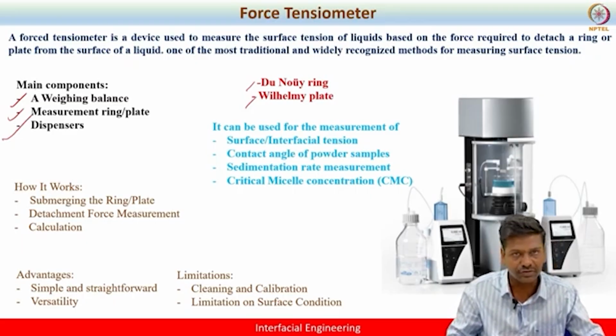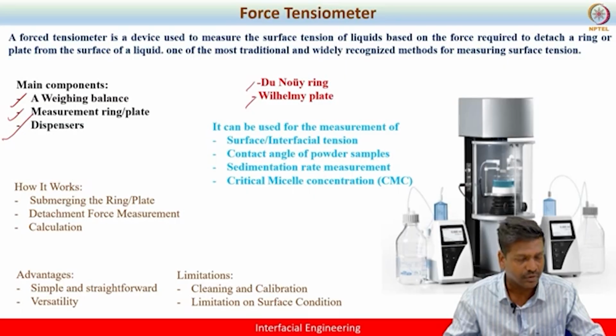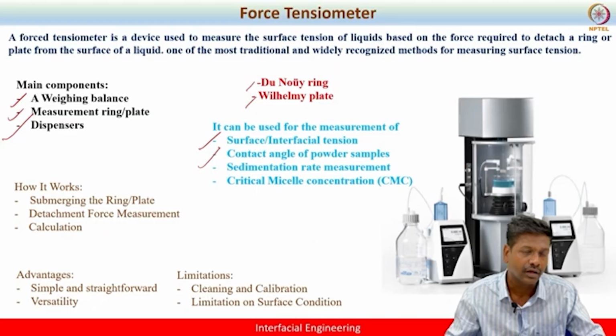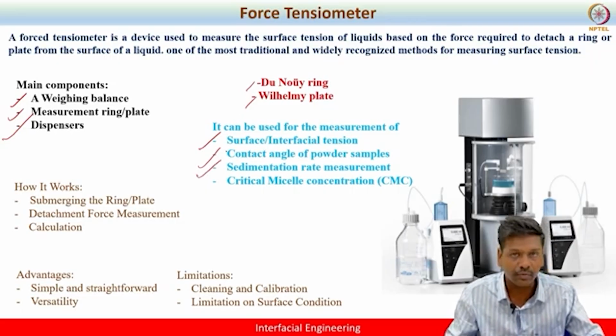Using the force tensiometer, you will be able to perform several measurements, right? You can measure the surface tension or interfacial tension, and the contact angle of powder samples. Sometimes if you want to measure the three-phase contact angle of powder samples using the Washburn equation, you can perform this analysis using force tensiometer, and you can also perform sedimentation rate analysis.